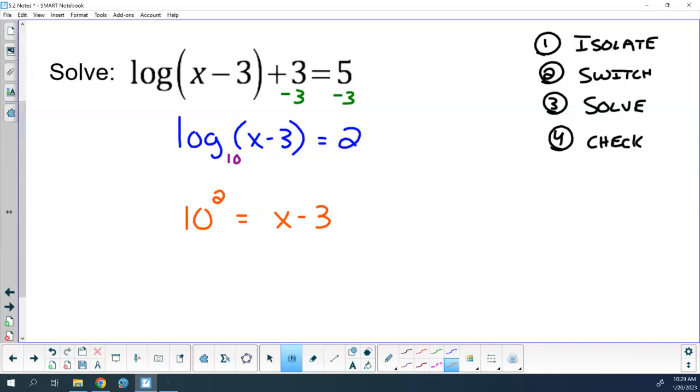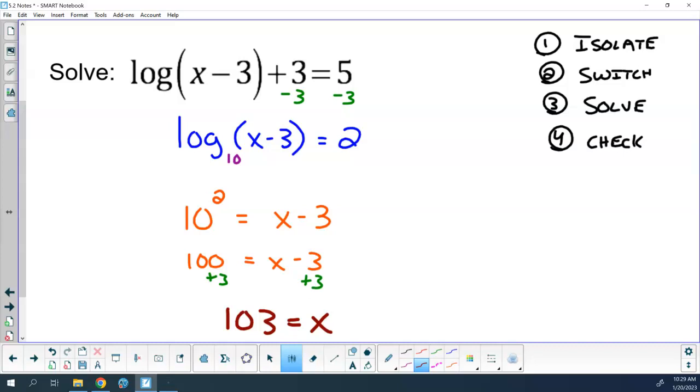Solving this, 10 squared is 100. So I got 100 equals x minus 3. Add 3, 103 equals x.